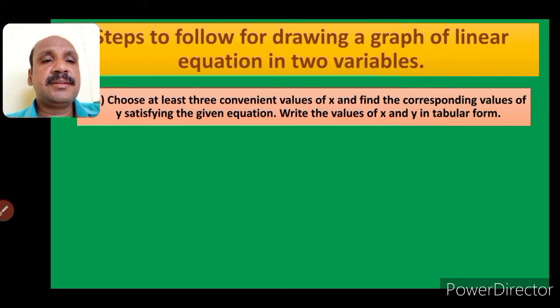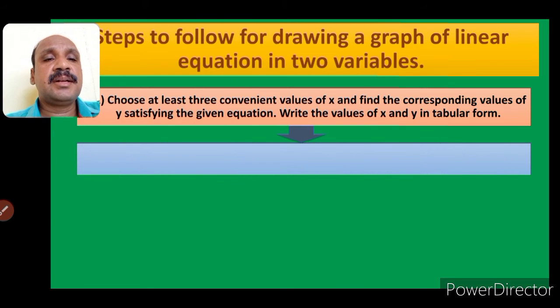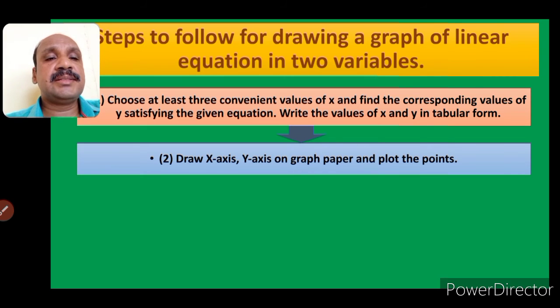This one is the first step. Now second, what is the second step? Here, draw the x-axis and y-axis on graph paper and plot the points. We already found the ordered pairs, and these ordered pairs, that means the points, we plot on the graph paper.